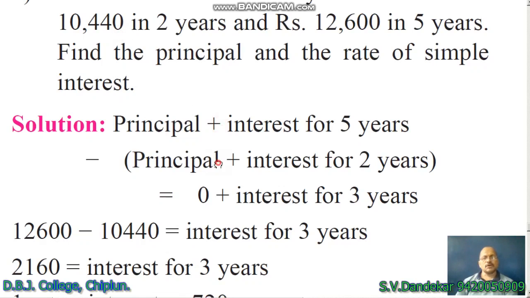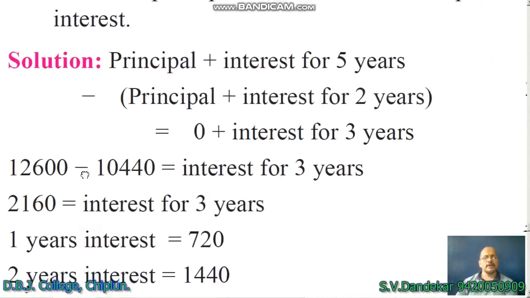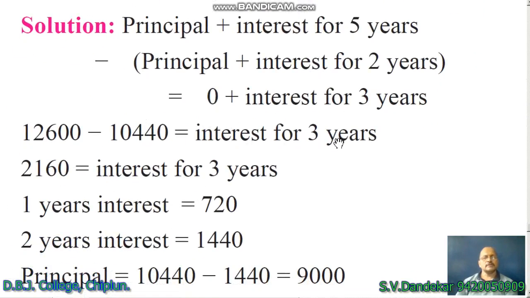The subtraction of these two amounts: principal minus principal cancels out, and interest for 5 years minus interest for 2 years is interest for 3 years. So subtraction of 12,600 and 10,440 gives me interest for 3 years.